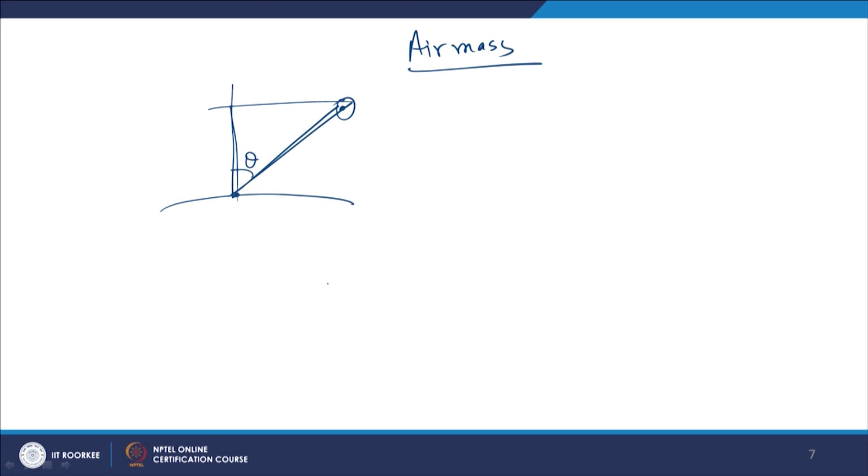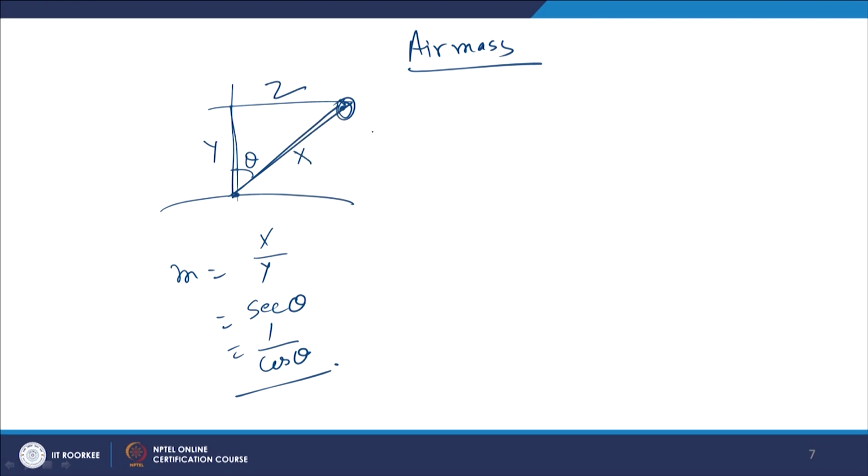So, it's the ratio of x and y, which is sec theta or 1 by cos theta, right.